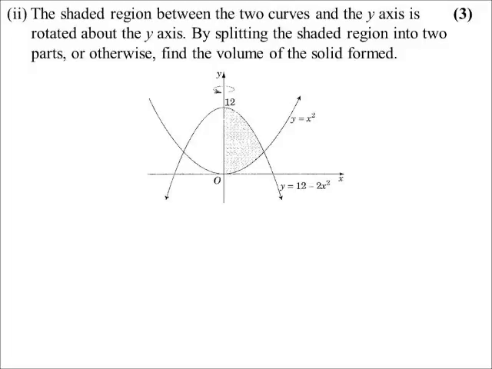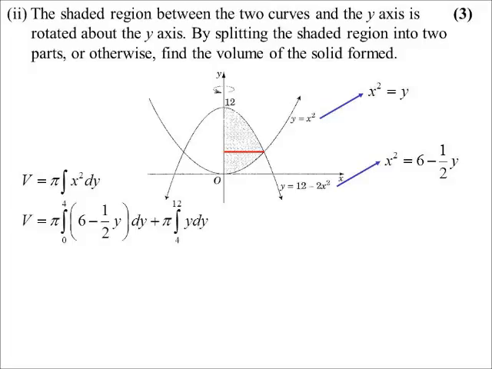But anyway, okay. So pi, we're going around the y-axis this time, so I'm going to have to make x squared the subject. The concave up parabola already has x squared as a subject, so x squared is y. The concave down one, when I rearrange that, x squared is 6 minus half y.